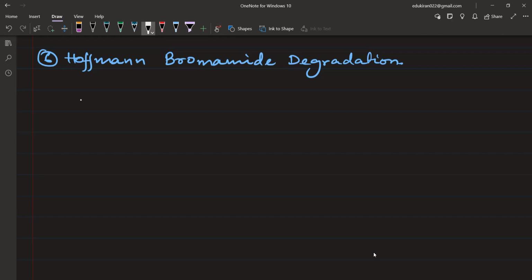If amide has RCONH2, the reagents are bromine plus some alkali such as KOH or NaOH, and we are going to get RNH2.